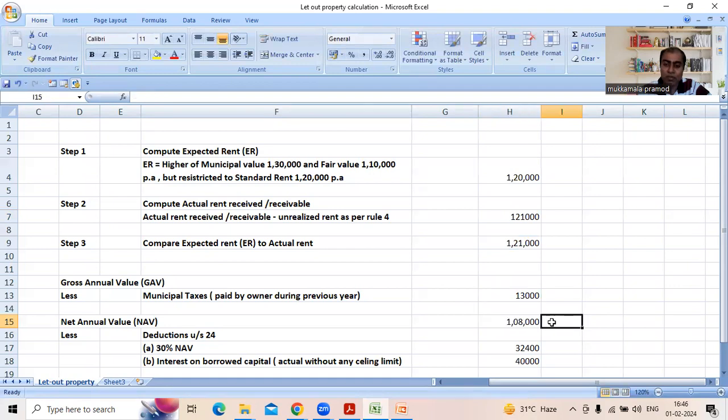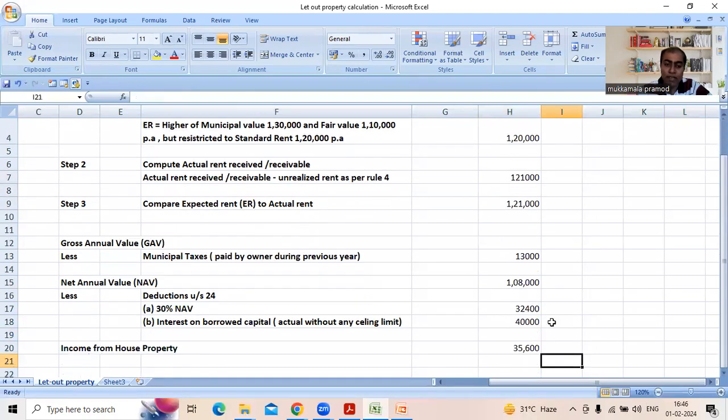So it is coming to 1,08,000. So we have to subtract the municipal taxes paid. That's the deduction which we can carry forward. And we arrive at the net annual value. So the net annual value is municipal taxes taken out of gross annual value.